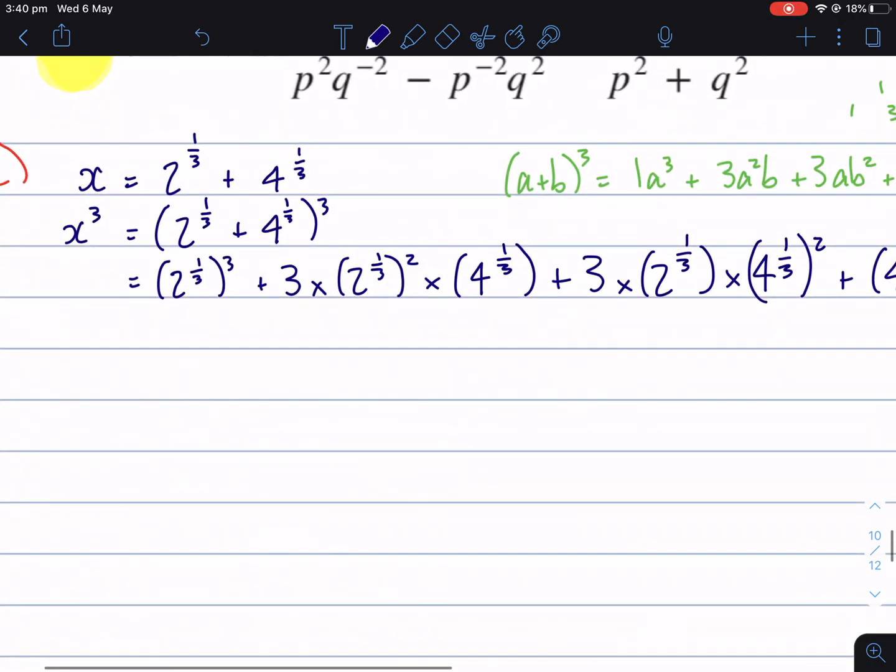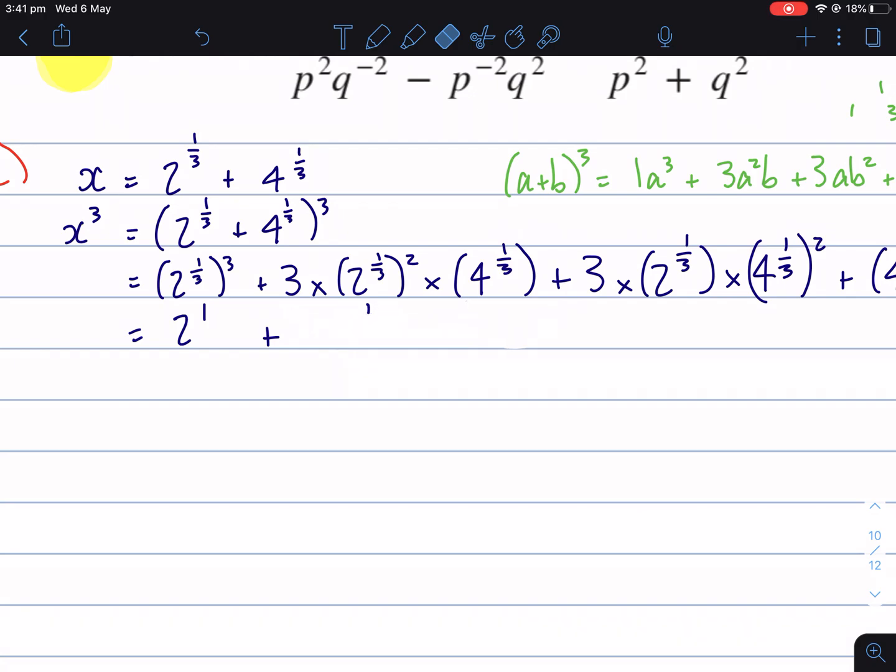Okay, which gives me 2 to the 1/3 times 3 is 1 plus 3 times 2 to the 2/3 times 4 to the 1/3. Actually, I'm going to leave this as 2 to the 1/3 squared plus 3.